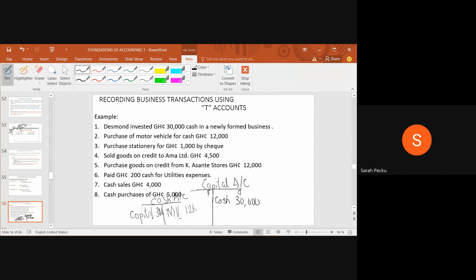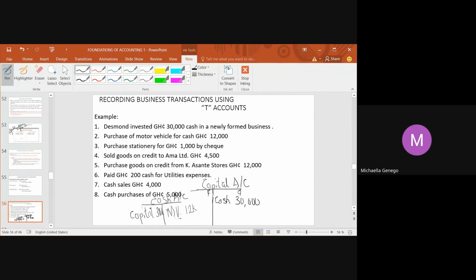My problem is with the capital account and the other accounts that we open. Per the question, we've gotten to 3, and there's no capital coming into the business, so the capital account is there. Now we are talking of motor vehicle, so that is a different account. You won't add another cash account because you already have one, but you should make sure you put in the entry there. Okay. Thank you.